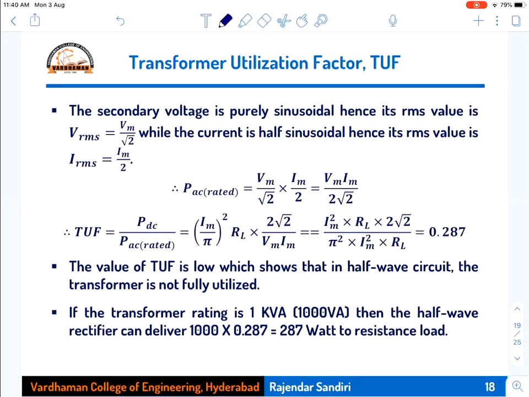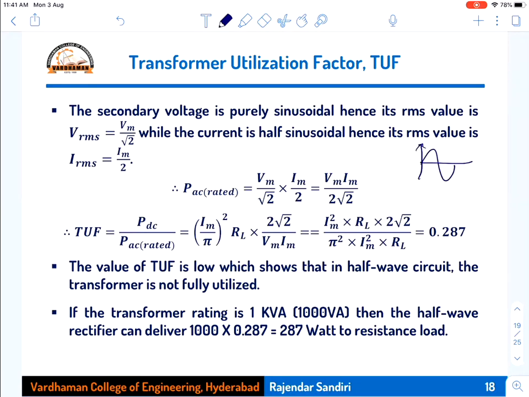Now the secondary voltage. The AC here is what appears across the secondary winding, which is why we call it the secondary voltage. The secondary voltage is purely sinusoidal, so what is its RMS value? The RMS value of a sine waveform you might have studied in BEE.